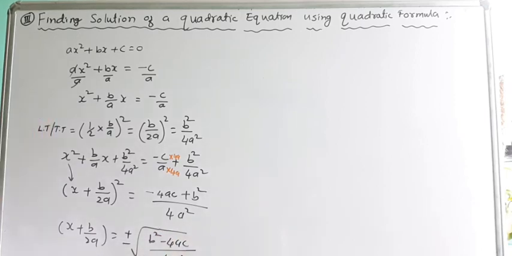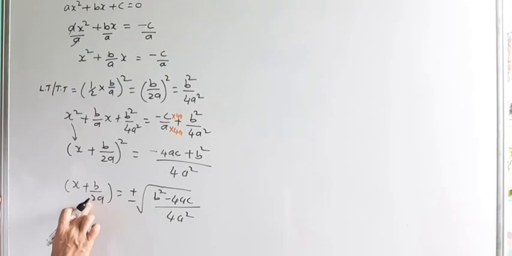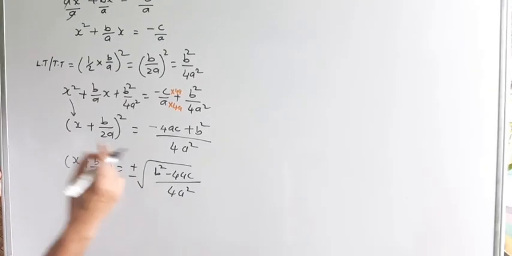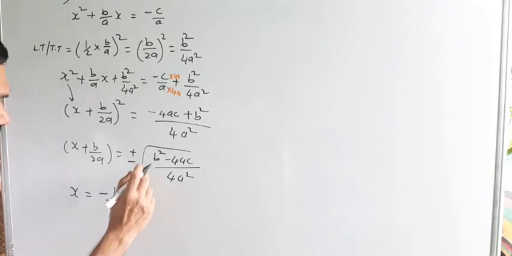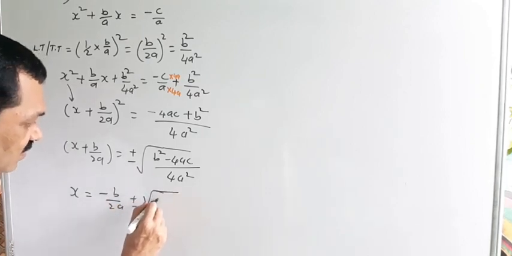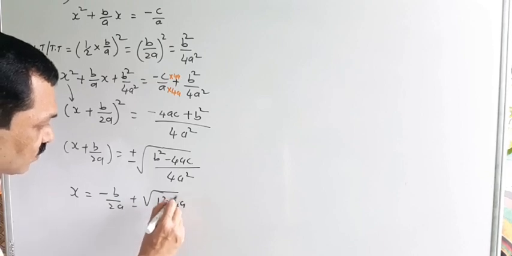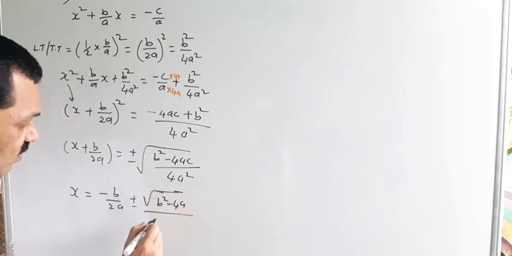And therefore x is equal to minus b upon 2a when it goes to the other side, plus or minus the numerator remains as it is, root of b square minus 4ac, and the denominator root of 4a square is 2a.